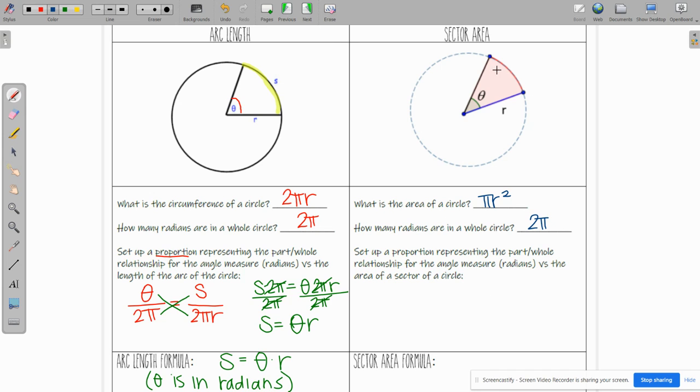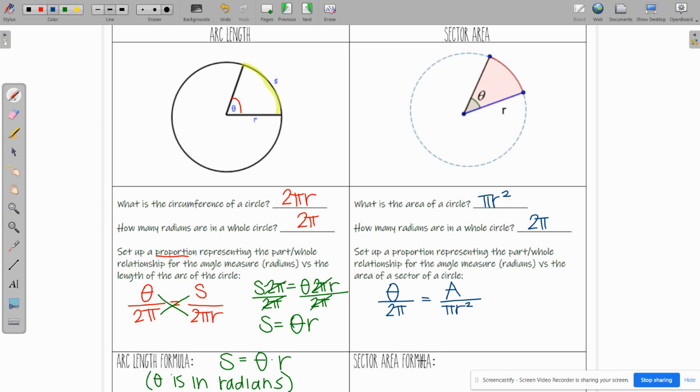So we know that the area here is the same ratio of the entire circle's area as this angle theta is to 2 pi. So the part to whole relationship, we have theta over 2 pi equals the area of the sector compared to the area of the entire circle, pi r squared.